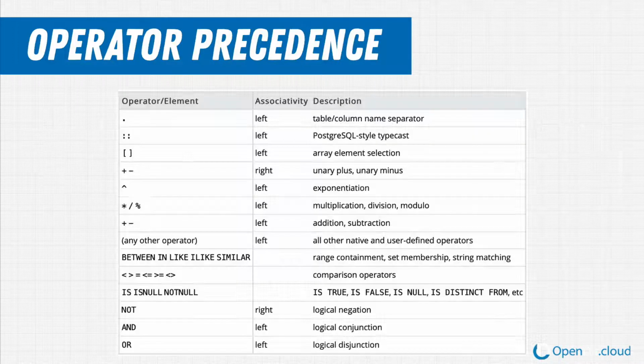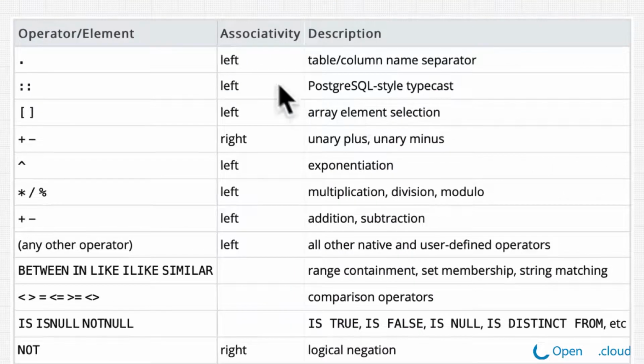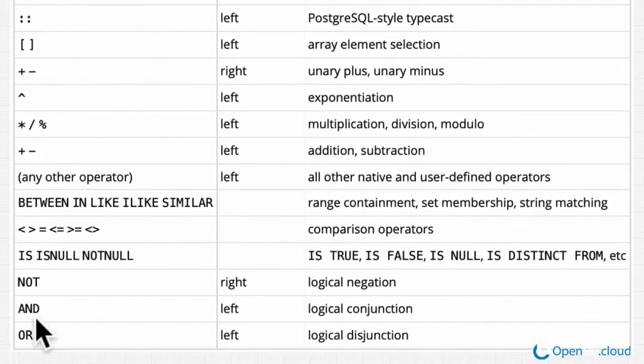Good question. Here is a snippet from the Postgres docs. Don't focus too much on all of it, but they have this associativity column. And what that says is whether it is going to go from left to right or right to left, and which operators have which associativity. So if we look here at the bottom, we can see not, and, or.